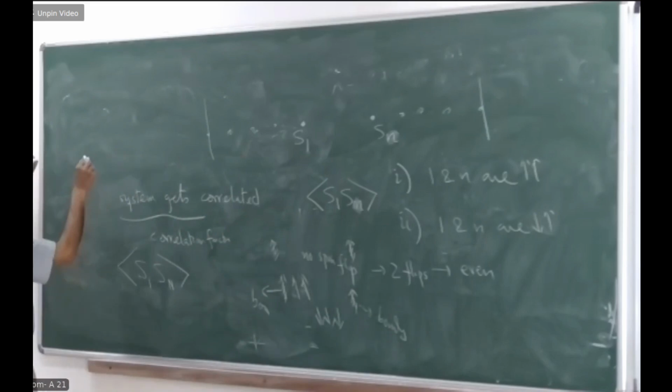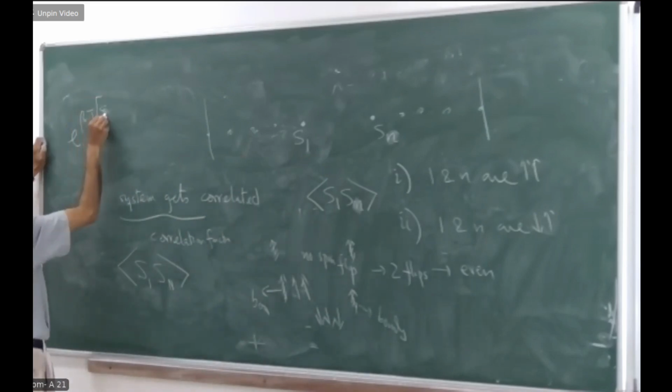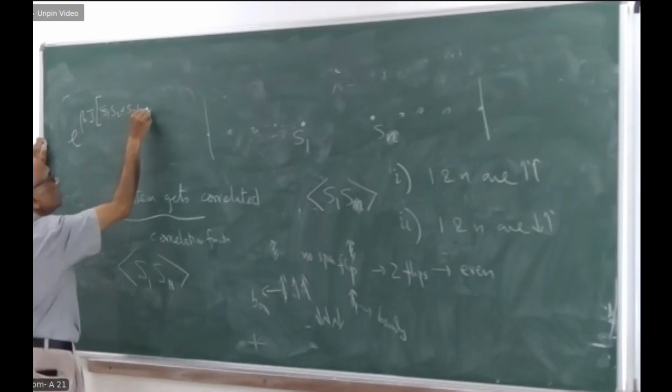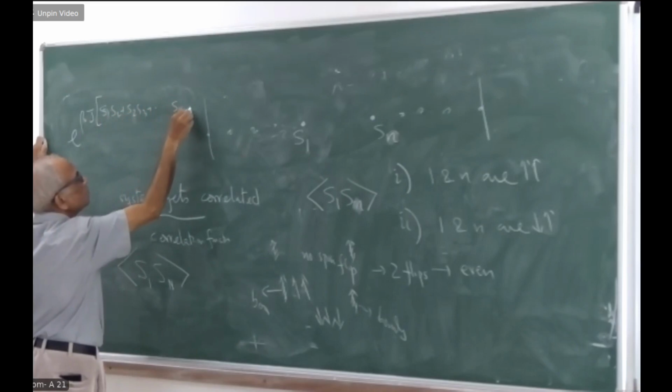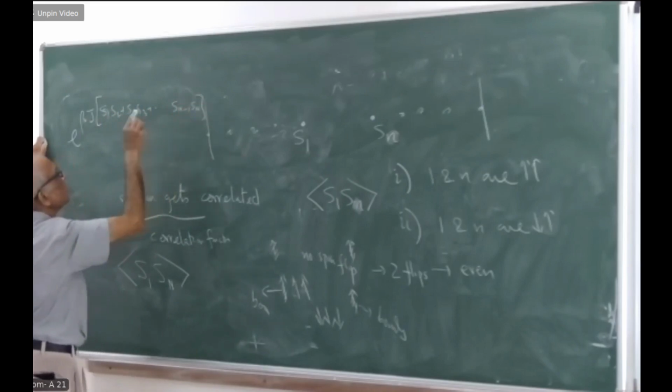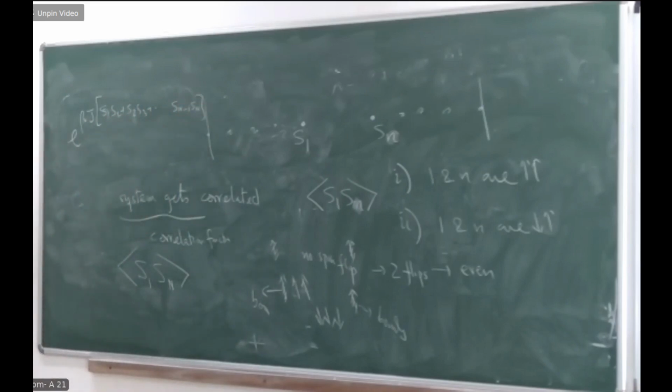All right. So every time I flip in this chain, I have here e to the power beta J, S1 S2 plus S2 S3 all the way up to Sn minus 1 Sn. No flip, let's call it 0, 1. 2 flips, then it has to be 4.